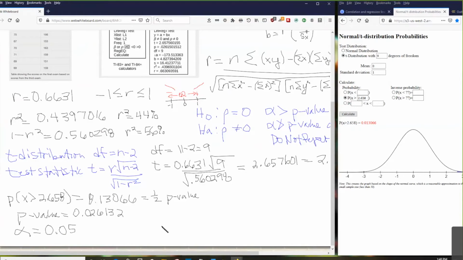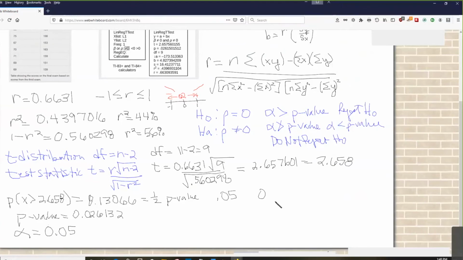We have our 0.05 and 0.0261. The 0.05 is greater, so our alpha is greater than our p-value. That tells us we're going to reject the null hypothesis.